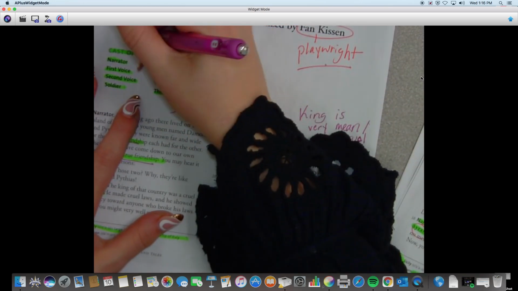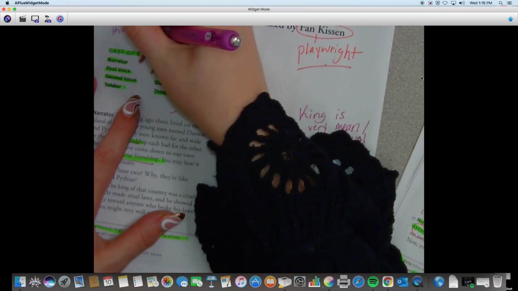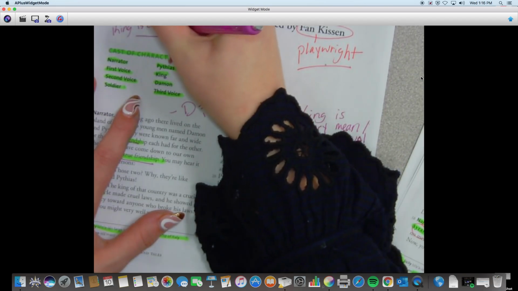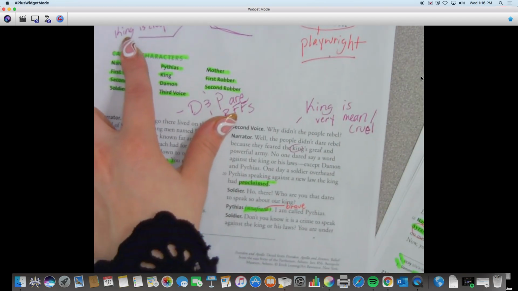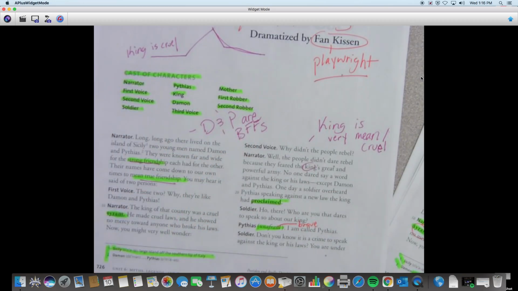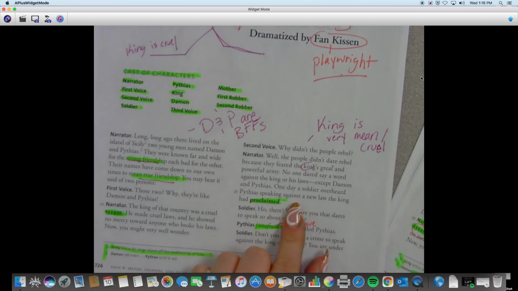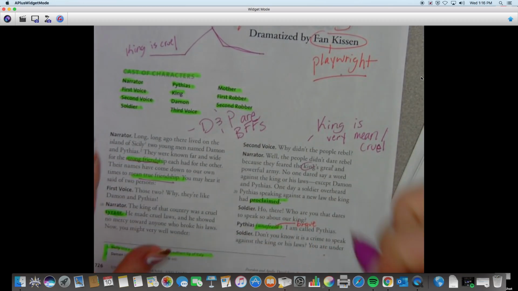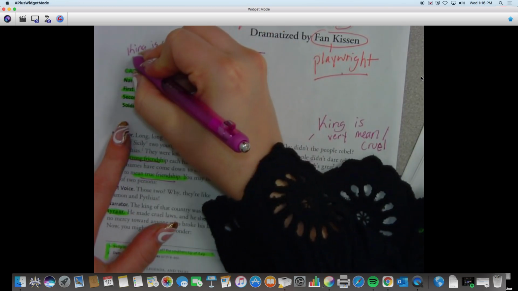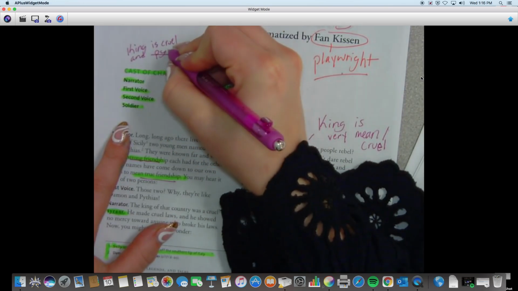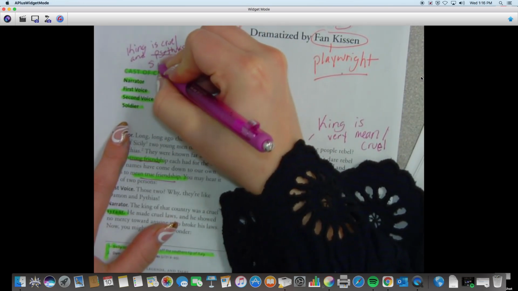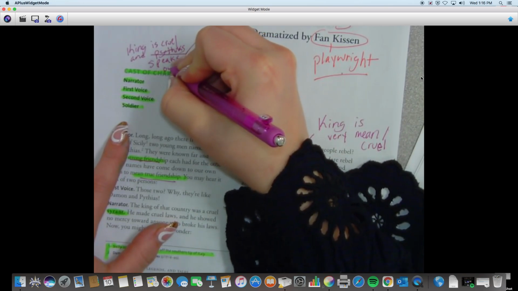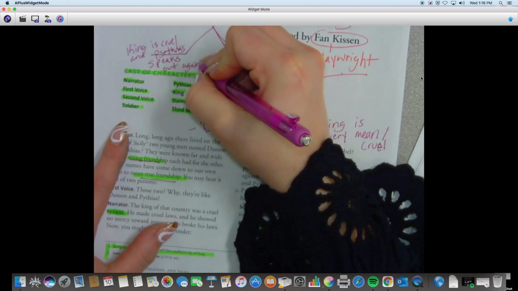In the beginning, the king is cruel, and Pythias, one of the BFFs, speaks out against one of the new laws the king has made. And this gets him into trouble, right? So the king is cruel, and Pythias speaks out against the king.